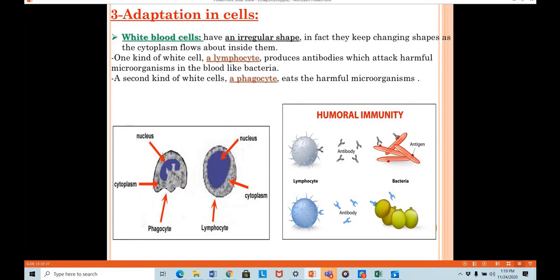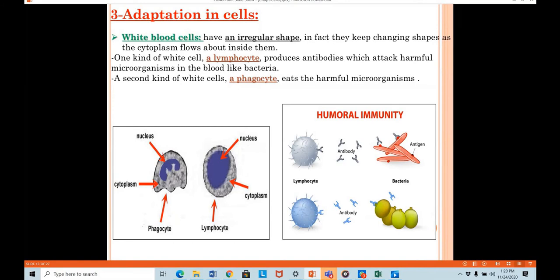The white blood cells, it flows, like it keeps changing shapes. Very good. As the cytoplasm flows inside them. They have an irregular shape. Yes, they have an irregular shape. And what are the two types of WBC? There are two types of WBC. Lymphocyte and phagocyte.